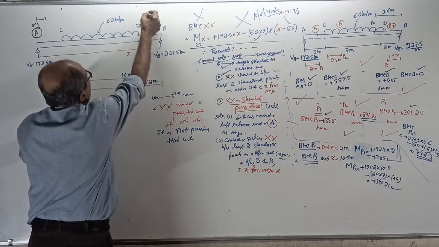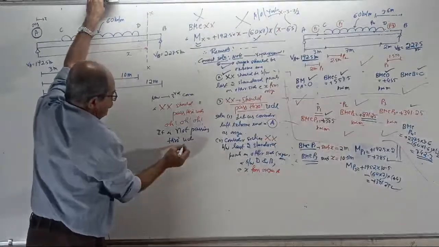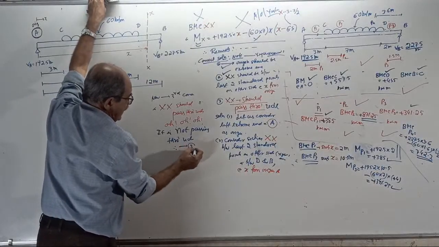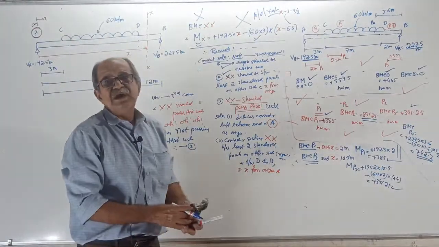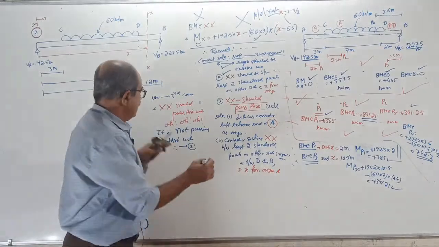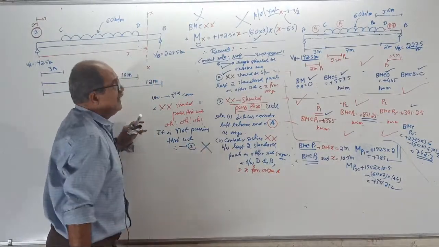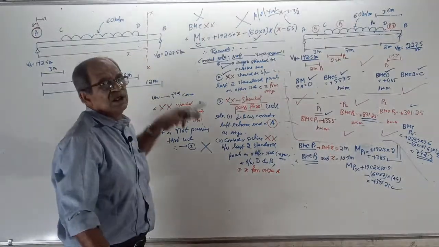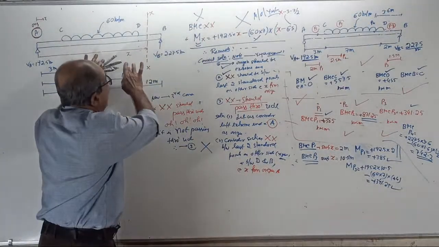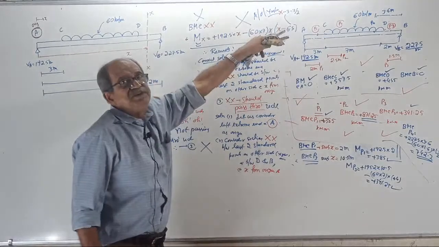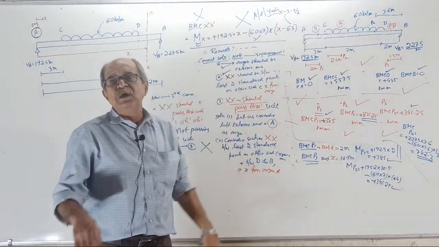Why? See here. Therefore, the condition number 3, that section XX should pass through UDL, is not satisfied. Therefore, if I solve the question with this data and use this equation, which we already wrote last time, it will give wrong result.